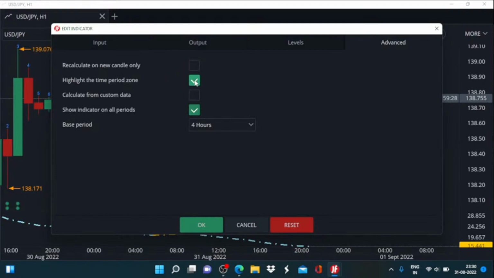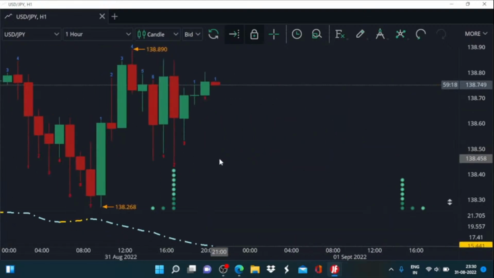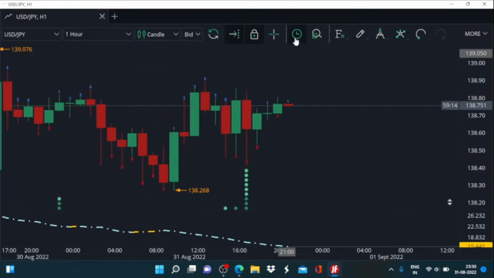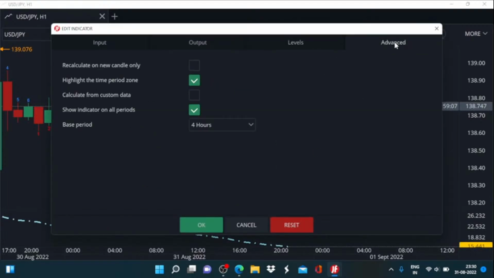If we want the calculation period to be highlighted, you have to opt in for this, and whatever is the calculation period, it will be highlighted. All right. Then coming to the other editing options, calculate from custom data.